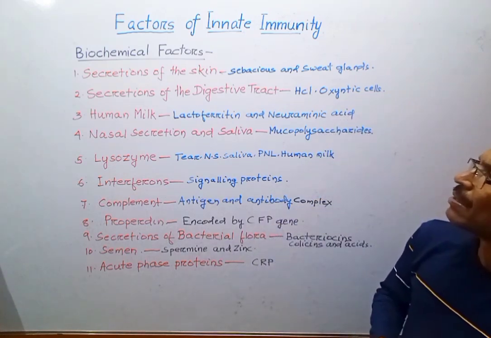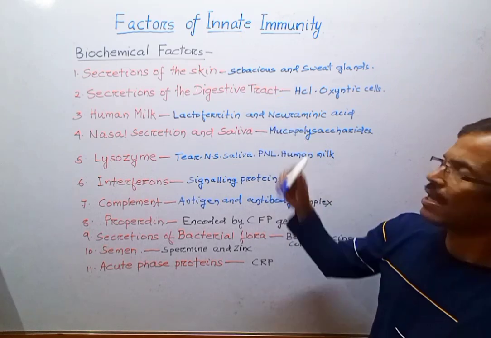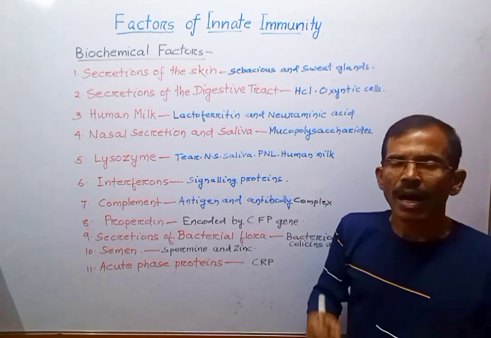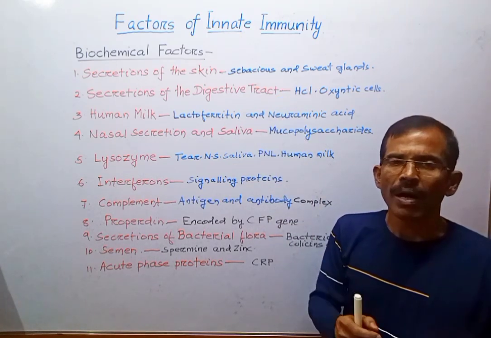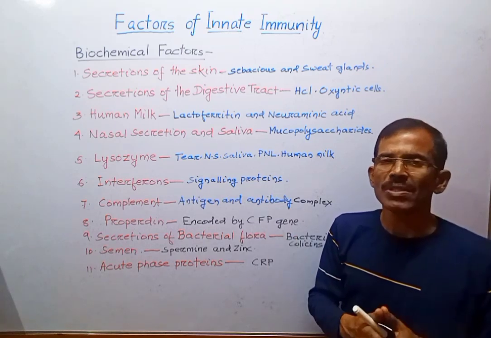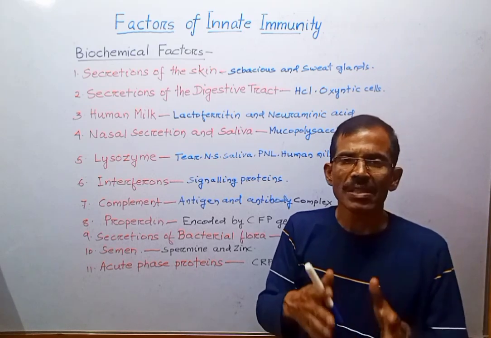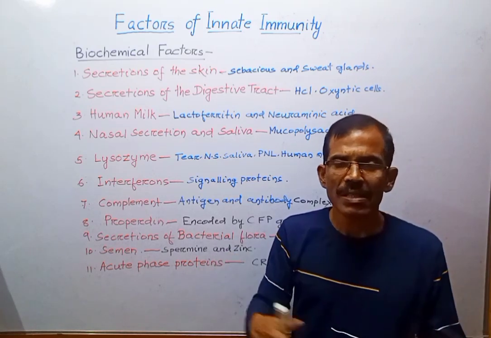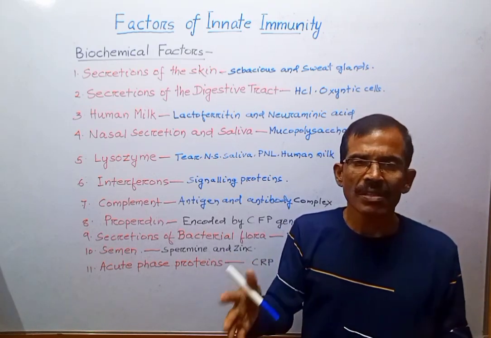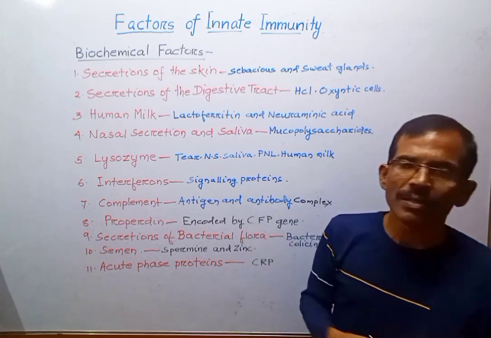Second factor is secretions of the digestive tract. The high acidity of stomach also has microbicidal activity, and this is due to the secretion of hydrochloric acid by the oxyntic cells that line the stomach.